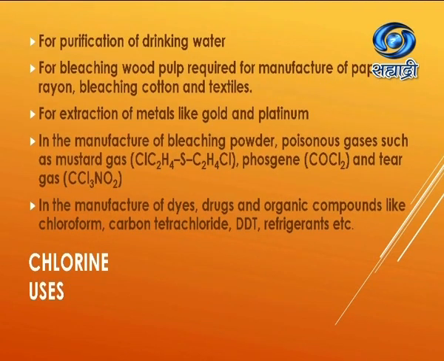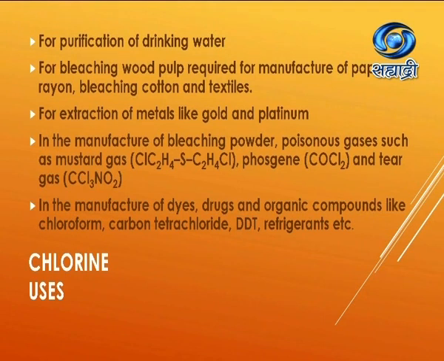Then uses of chlorine. So these are some of the uses of chlorine: for purification of drinking water, for bleaching wood pulp required for manufacture of paper and rayon, bleaching cotton and textiles, for extraction of metals like gold and platinum, in the manufacture of bleaching powder, poisonous gases such as mustard gas.